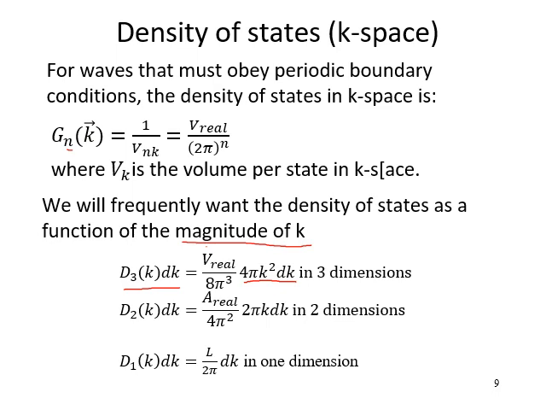Density of states then in 3 dimensions. If I have a 2-dimensional sample, so I've only got kx and ky, then the density of states in k space in 2 dimensions is the area of the sample divided by 2 pi squared, times the area of a shell of a circle of radius k and thickness dk.